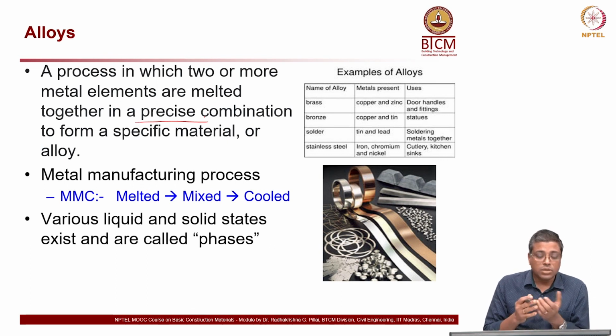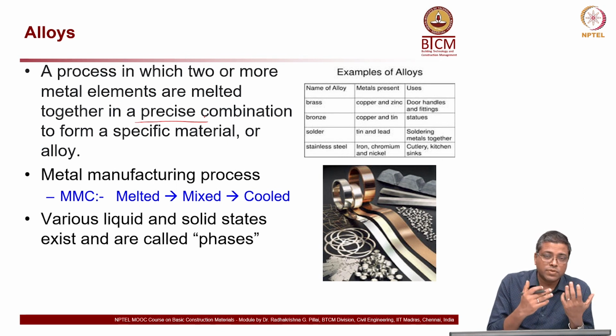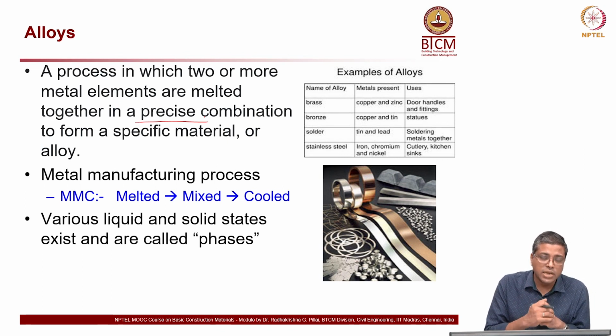There could be properties like malleability, the ability to be flattened, increased strength, sometimes high ductility, weldability, corrosion resistance, or sometimes we might want the material to be very shiny in nature.